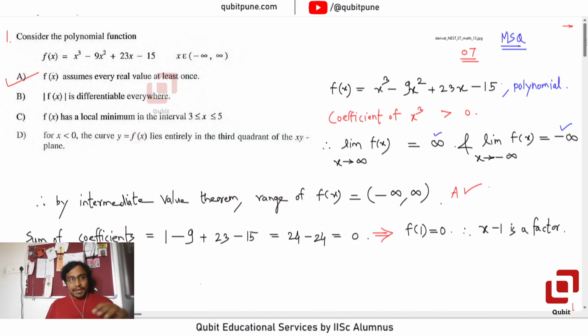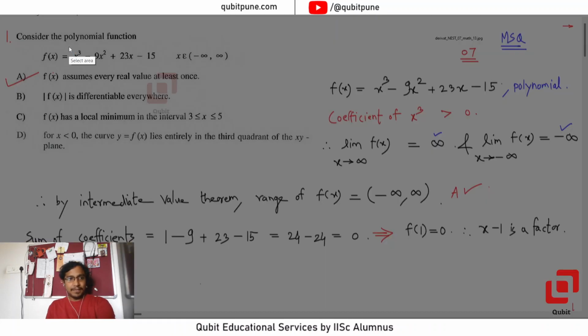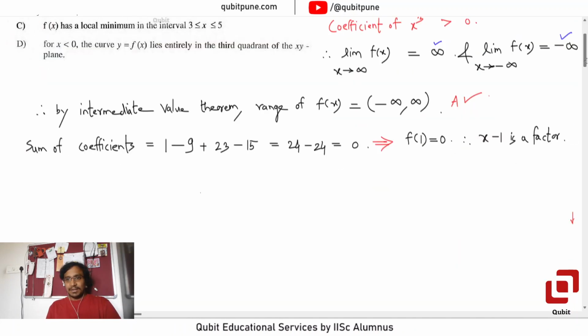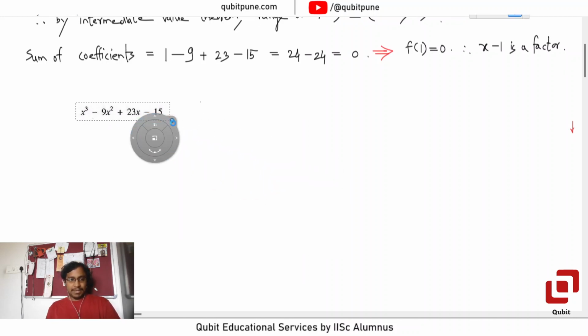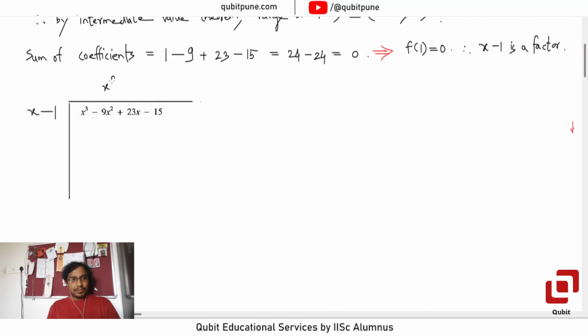Now to find the other two factors, we don't know whether the roots are real or complex conjugates of each other. One of the roots is definitely 1, so we can divide this polynomial by x minus 1. We are bound to get 0 remainder, but we would like to see the quotient. First we will have x squared, so it will be x cubed minus x squared.